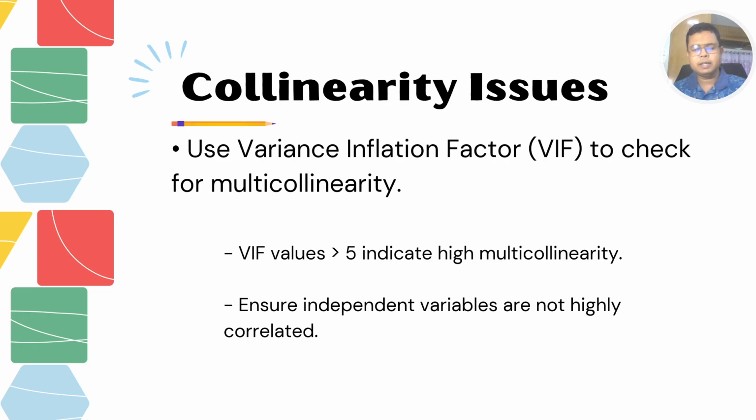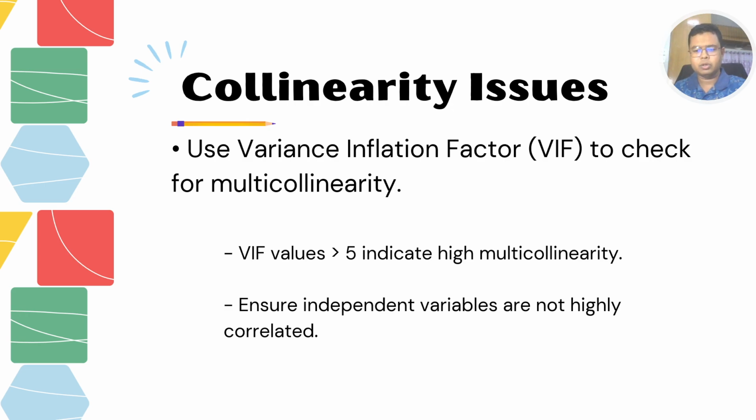Collinearity basically uses the variance inflation factor to check the multicollinearity, right? I talked about the multicollinearity or collinearity in the previous video. For quick reference, if the VIF value is greater than 5, it indicates high multicollinearity.